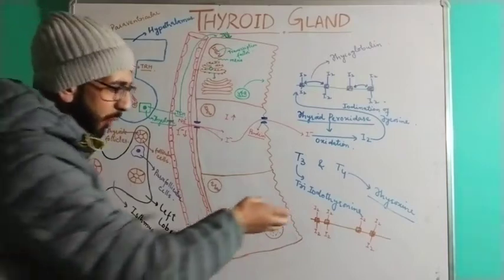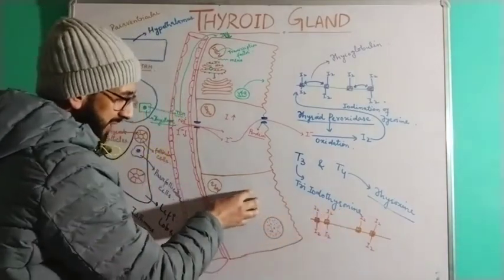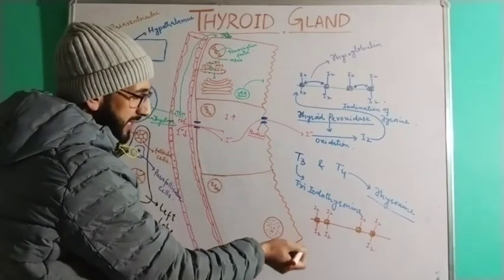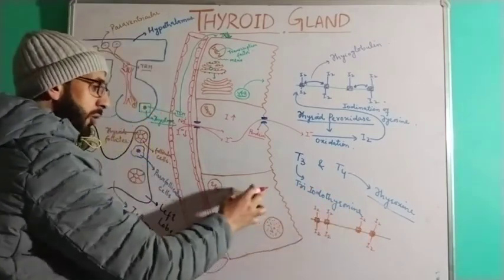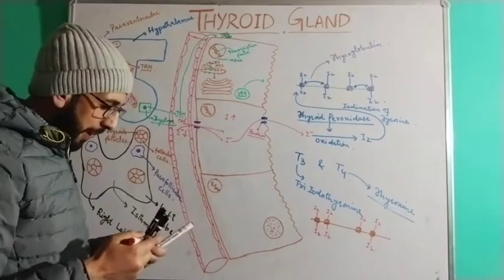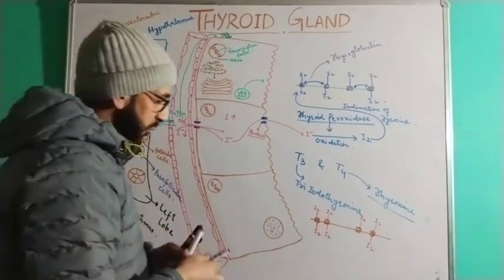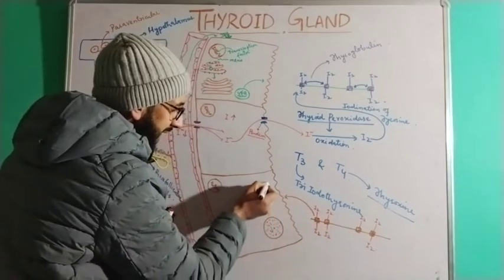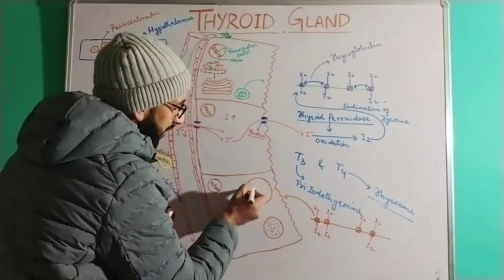That process is actually done inside the cell. Now what will happen is that this follicular cell will take this thyroglobulin colloid inside the cell by the process of endocytosis. By the process of endocytosis, this is taken inside the cell and put in a vesicle.